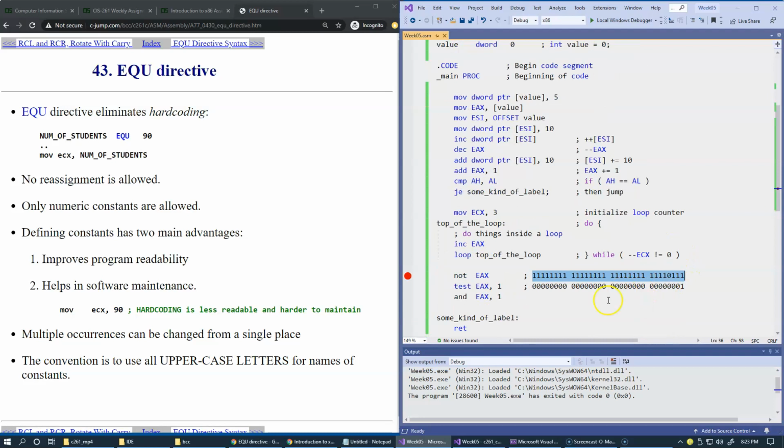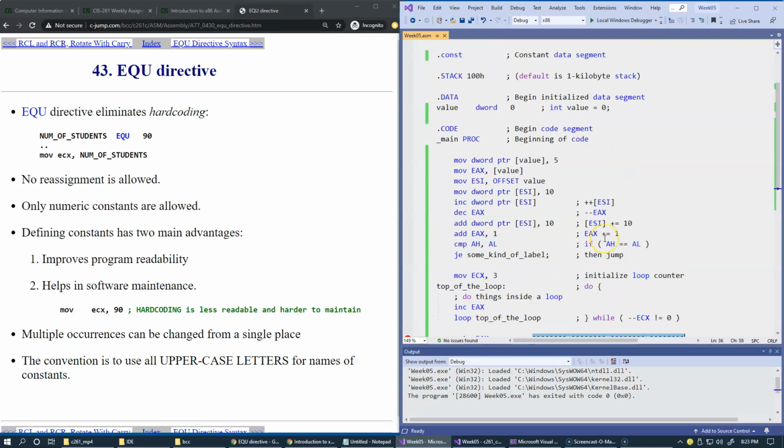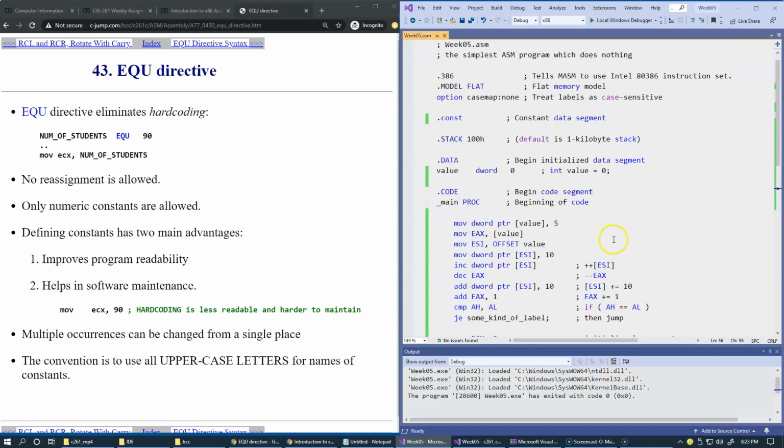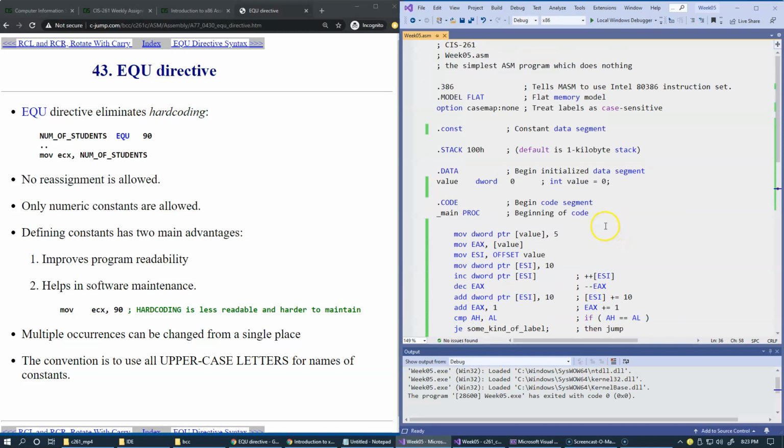If I want to use a normal identifier for it, it's possible to create a constant. You can place them anywhere in the source file, but I normally place them under const in the constant data segments, because when I start looking for my constants, I normally search for this to find constants.